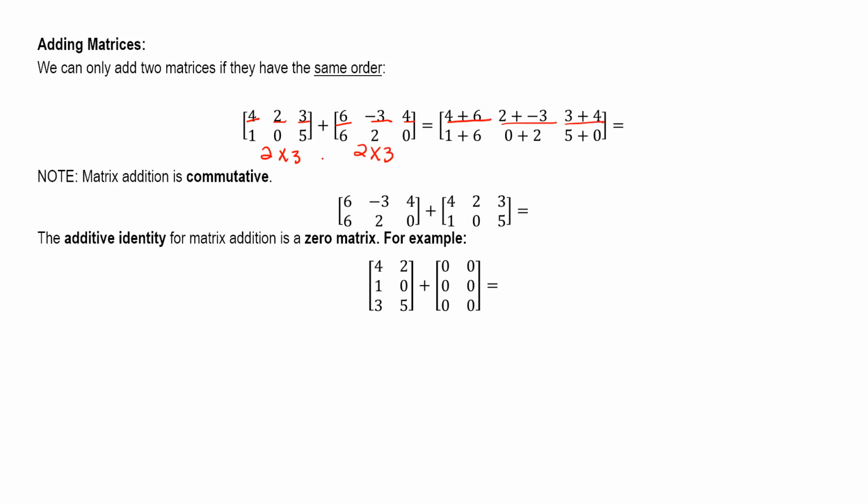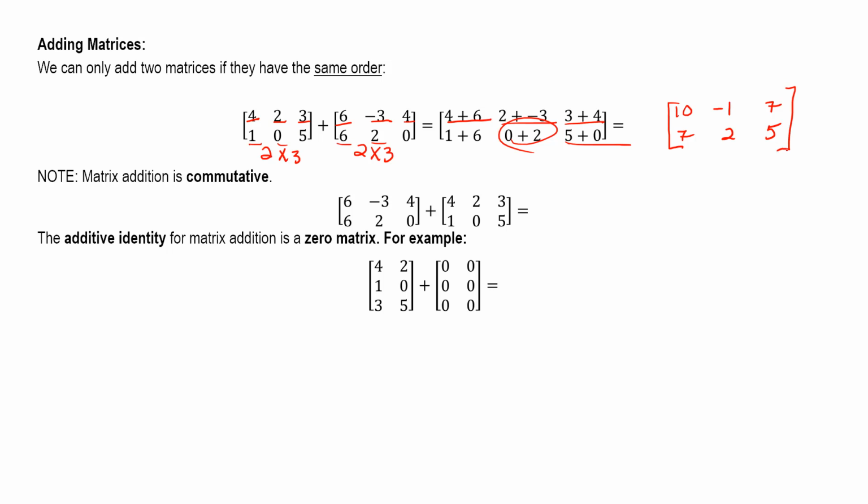So you just add the elements that are in the exact same position in each matrix and put them in that position. So your sum of those two matrices is 10, -1, 7, 7, 2, 5.